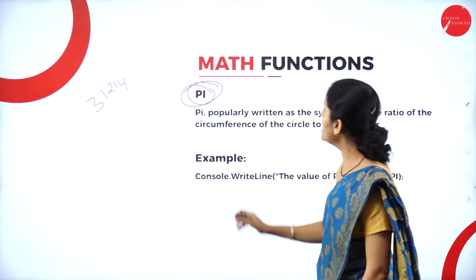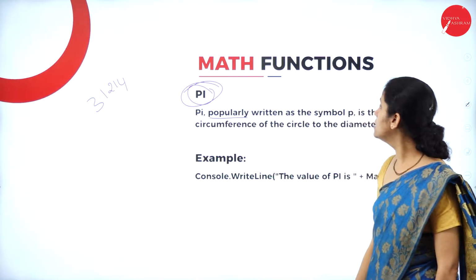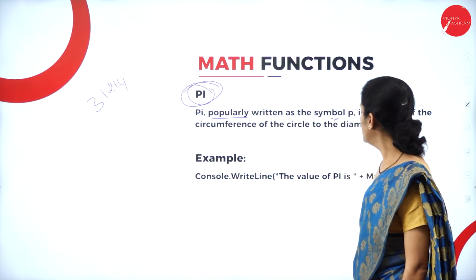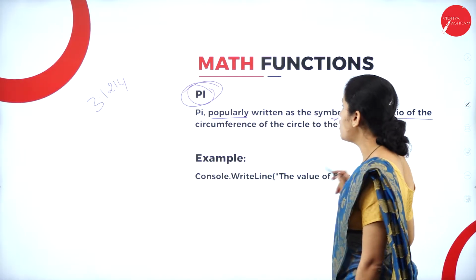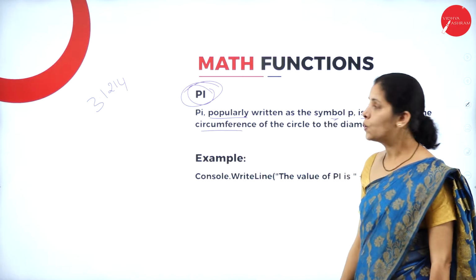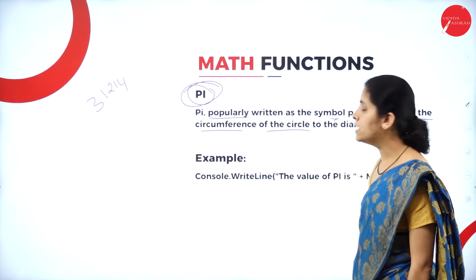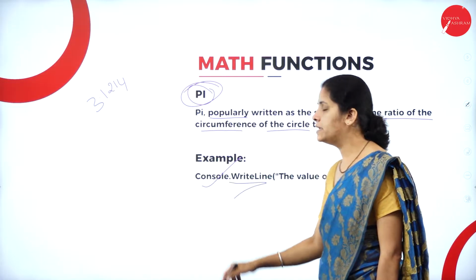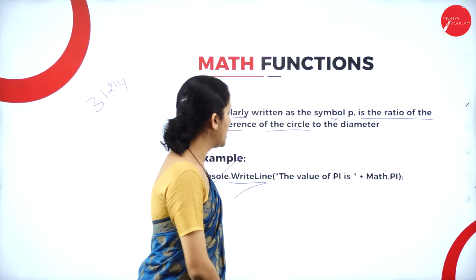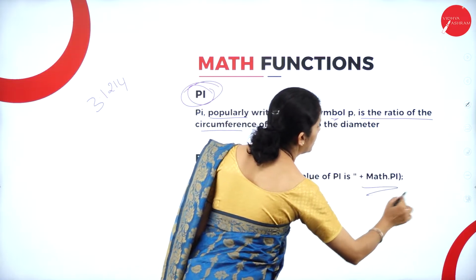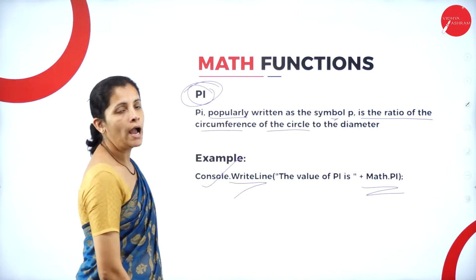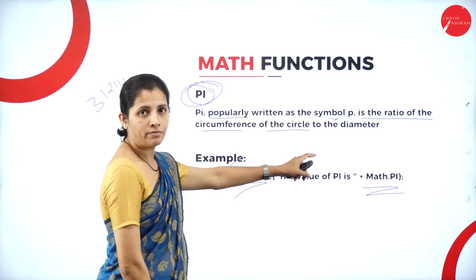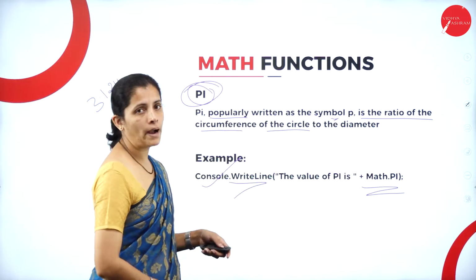Here pi is popularly written as the symbol π, which is the ratio of the circumference of a circle to its diameter. So with Console, I have the method called WriteLine, and I'm going to print the pi value. And where is this pi value present? In my Math class. So Math.PI.